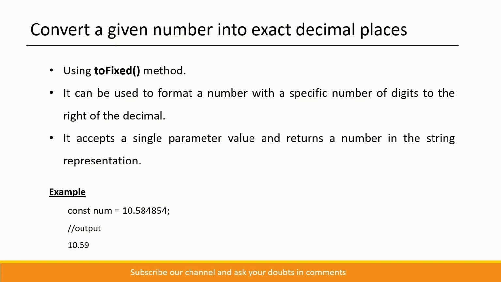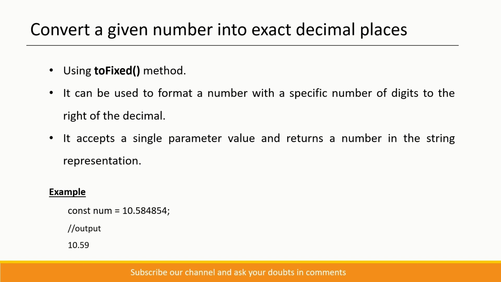It can be used to format a number with a specific number of digits to the right side of the decimal point. The .toFixed method accepts a single parameter value and it returns the number in a string representation. Here we need to notice that we give the input as a number, but the .toFixed method returns a number in string representation.